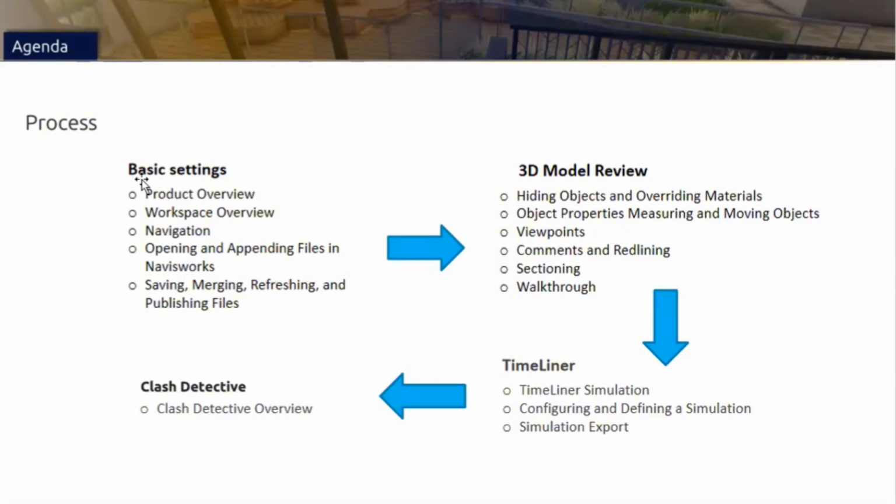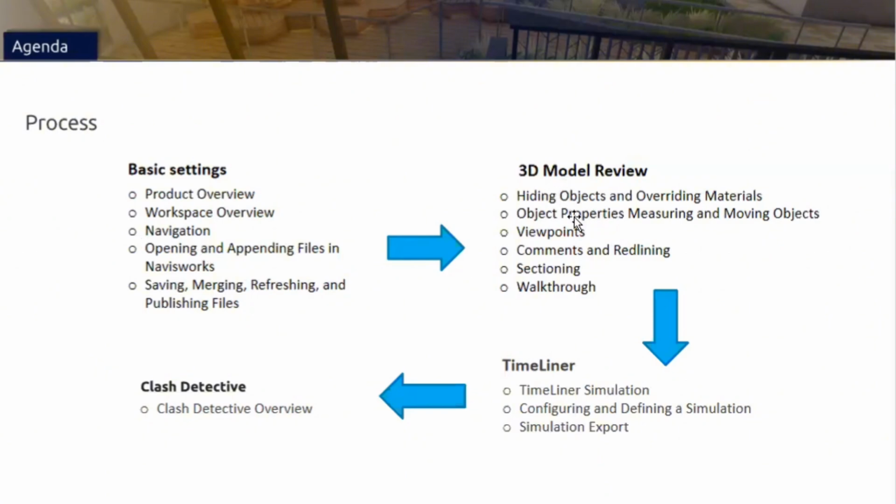The basic settings, 3D model review, then Timeliner, and the last is Clash Detective. Under basic settings are the product overview, workspace overview, navigation, and opening and appending files, saving.